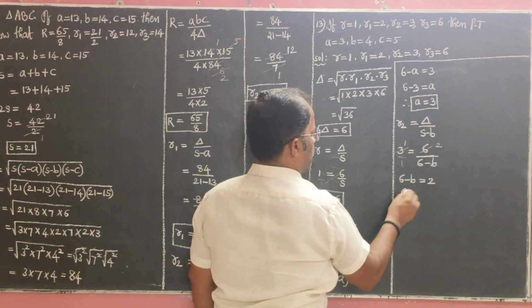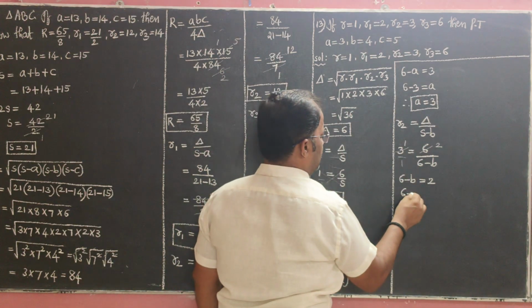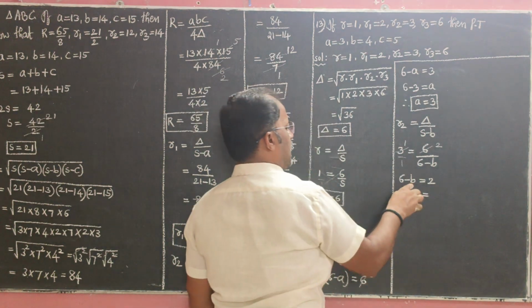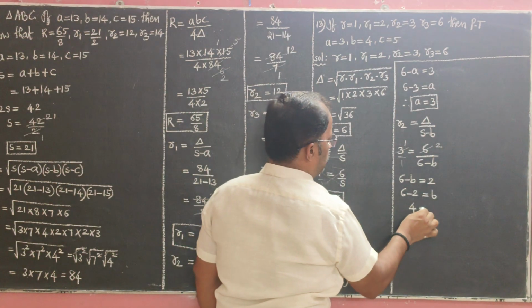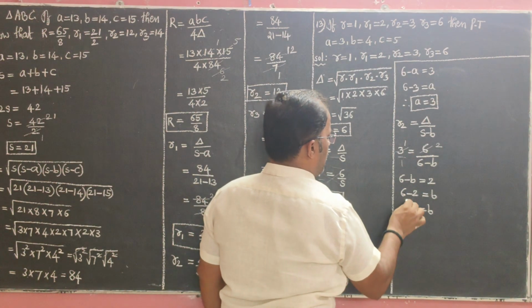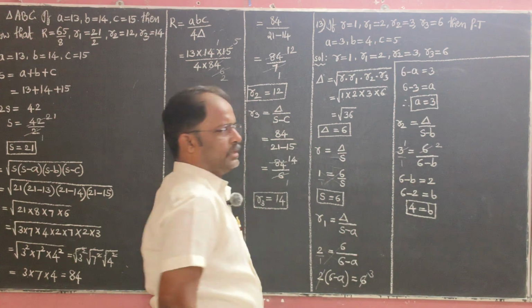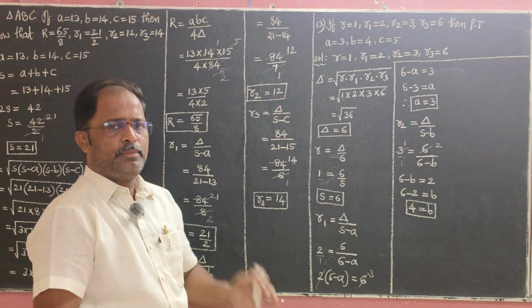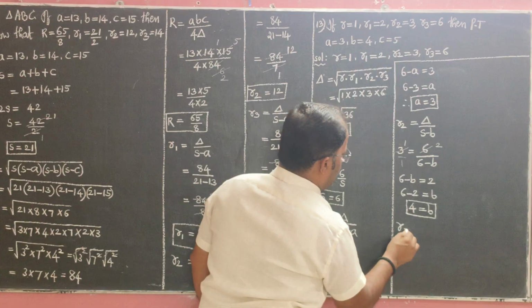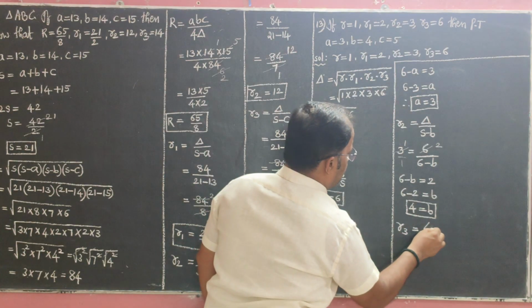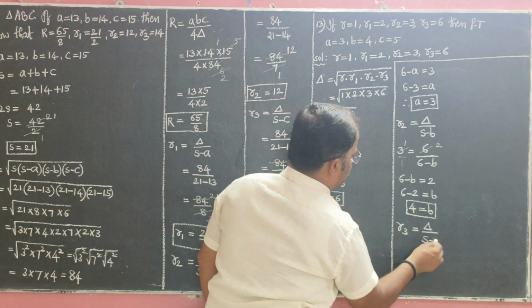Clear? Okay, 6 minus 2 on the left side, and minus B becomes plus B. 6 minus 2 is 4. 4 equals B, or B equals 4. The B value is also complete. Next, the final R3 formula is delta by S minus C.